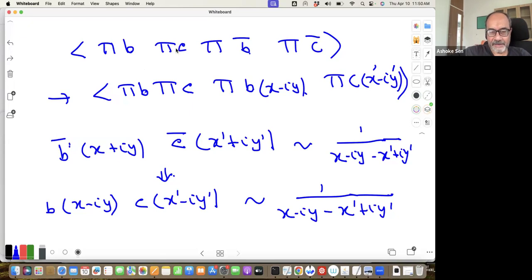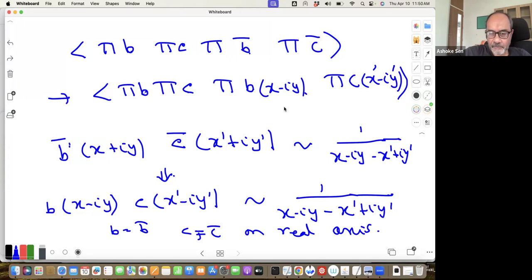That will conserve ghost number. And now if you go near the real axis, you have to make sure that if you replace B by B bar and C by C bar, the result should follow the boundary condition that B is equal to B bar and C equal to C bar on the real axis. And this is guaranteed by placing these operators symmetrically.